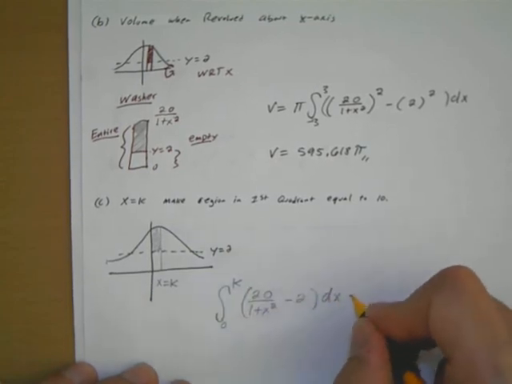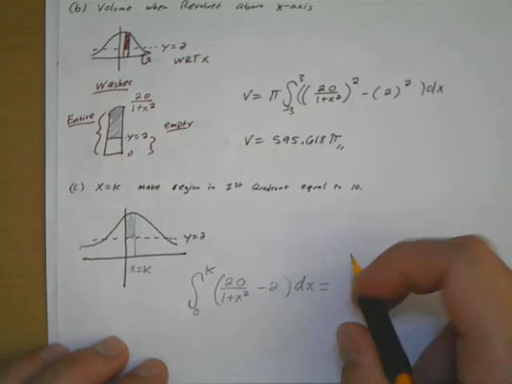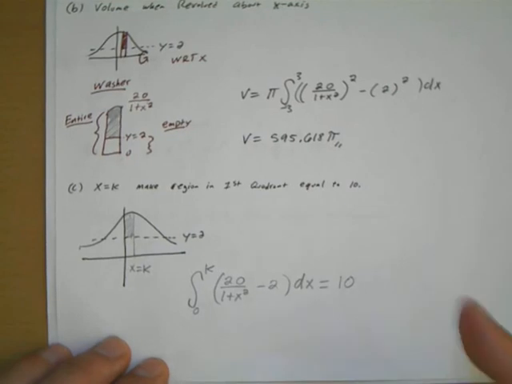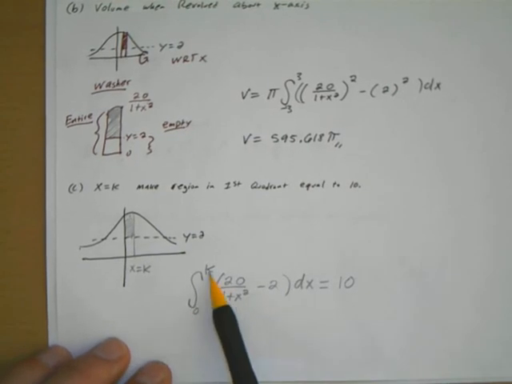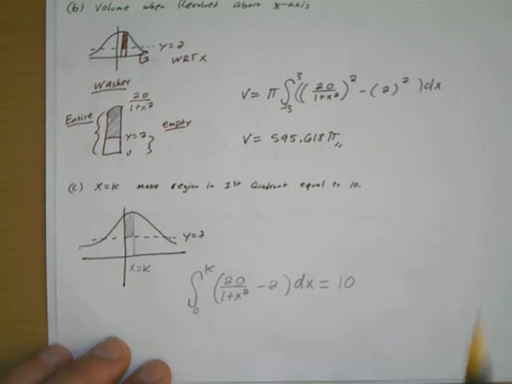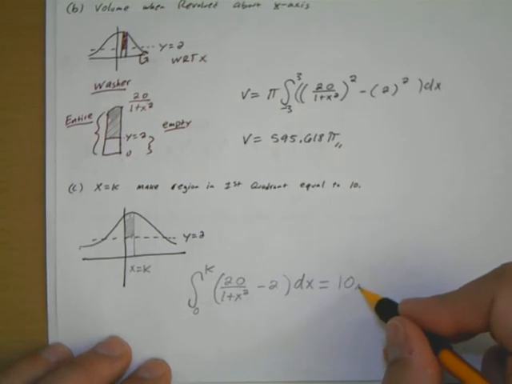And you want this integral to equal 10, so you just set it equal to 10. And that's the setup. If there were a way to solve this integral, you'd be able to find k, the value such that this little area equals exactly 10. And this is the setup that would get you that. And those are the solutions.